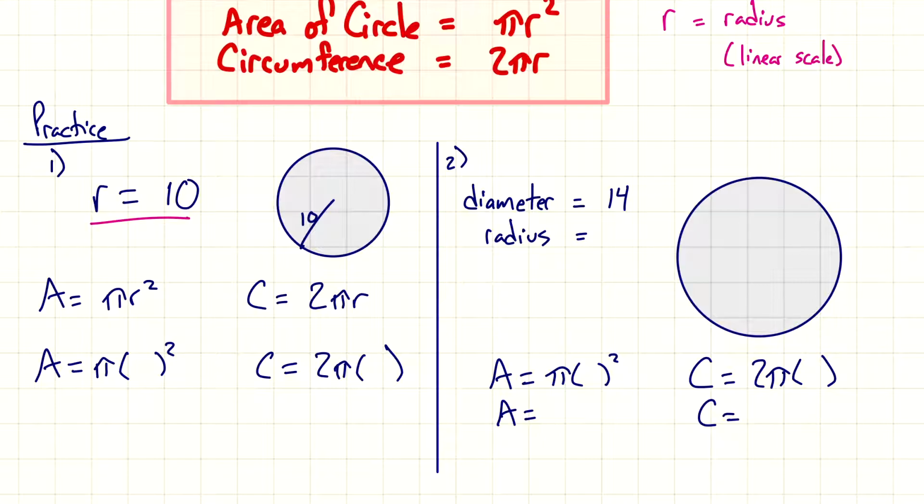Since the radius equals 10, I'm going to put a 10 here in place of the r, and I'm going to put a 10 here in place of the r for the circumference. All right, so then your task would be to multiply this out and get an answer. So don't forget, area should be units squared and circumference will be units, since it doesn't look like any units were given here.